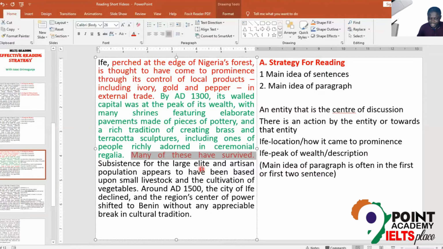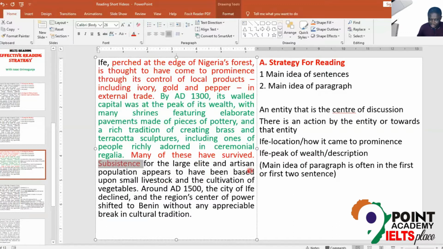subsistence for the large elite and artisan population appear to have been based. Sustenance is the issue now for the large elite and artisan population, appear to be based upon. So this is the means of what? Subsistence means livelihood or means of living.